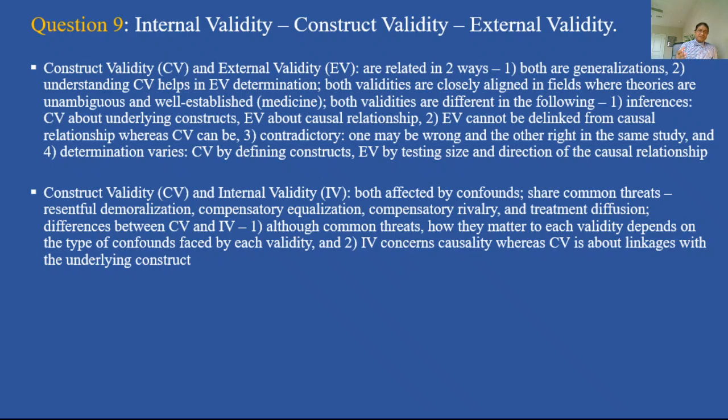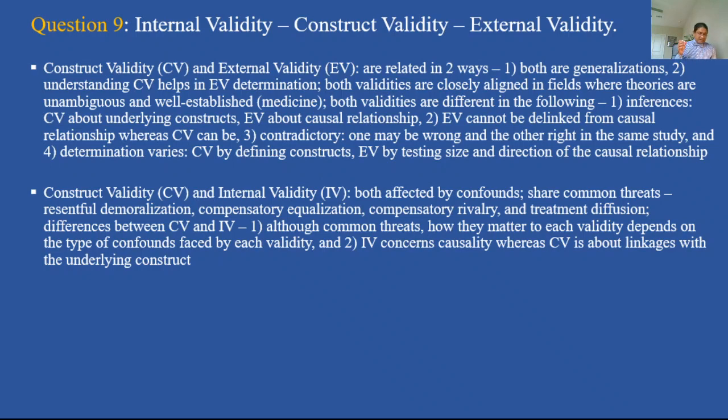Now, what are the differences between construct validity and external validity? There are four major differences. One depends on the kind of inferences made. Construct validity infers about the underlying constructs, whereas external validity infers about causal relationships. Second, construct validity generalizations have nothing to do with causal inferences, whereas external validity generalizations are all about causal inferences.